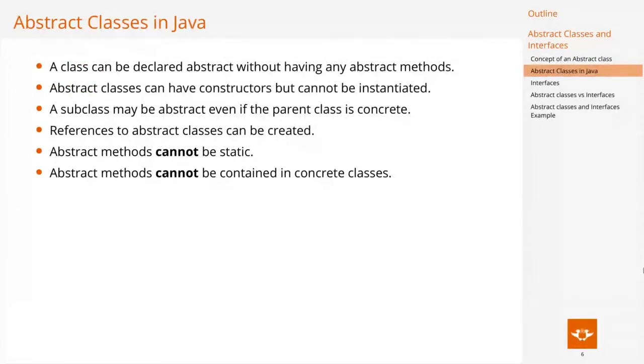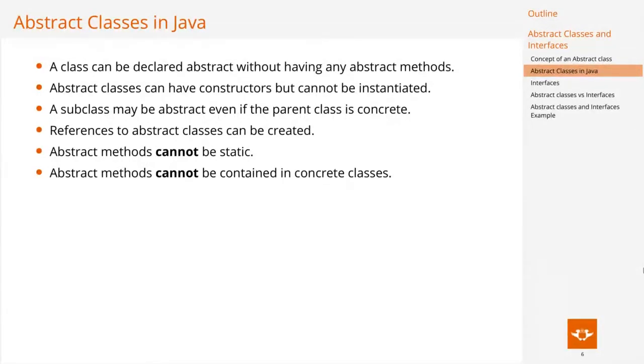So with abstract classes in Java, there's some interesting things that happen. There's an abstract keyword that you use at the top of a class to indicate that it's abstract. We'll see that when we get to code. We should get to code today if we go through the slides fine. And a class can be declared abstract without having any abstract methods.